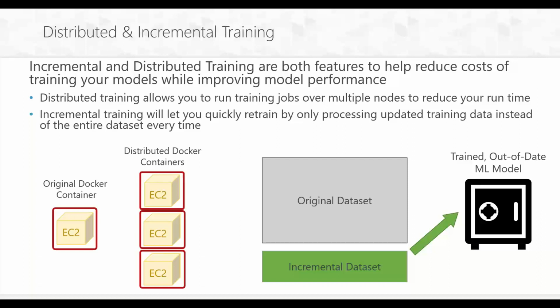What incremental training does is it only feeds in the new and updated data set into your out-of-date model, and only uses that data set to incrementally update your new model.